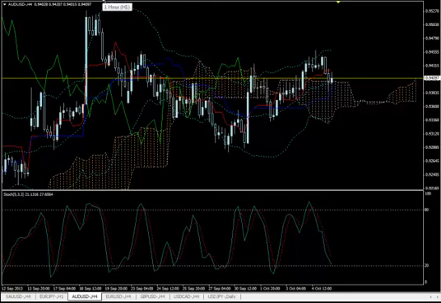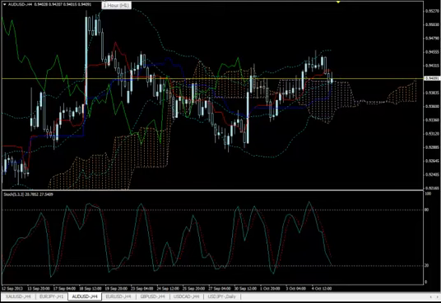Let's see if it makes a swing low below the median line of the Bollinger Bands. It's a continuation pattern. If we have this swing low, if the price makes a V below the median line of the Bollinger Bands, it means that the bullish trend will continue.